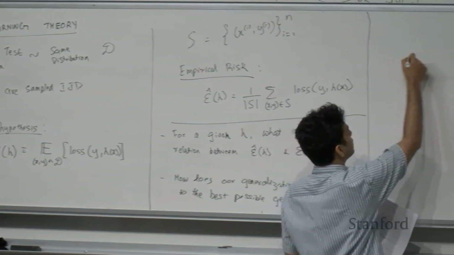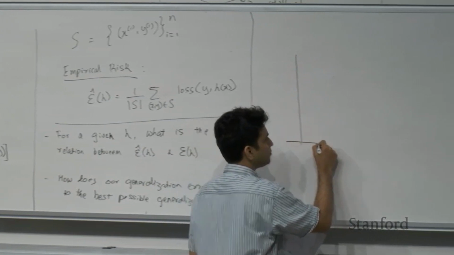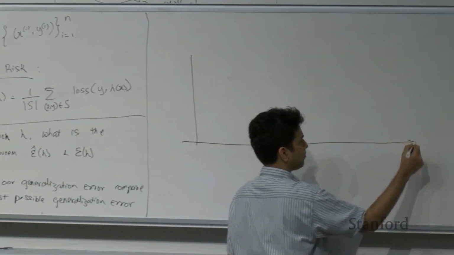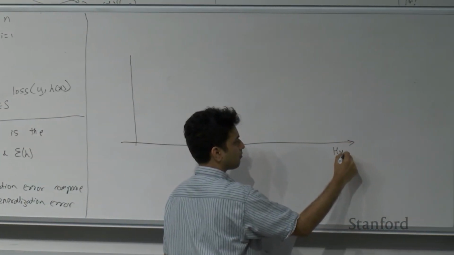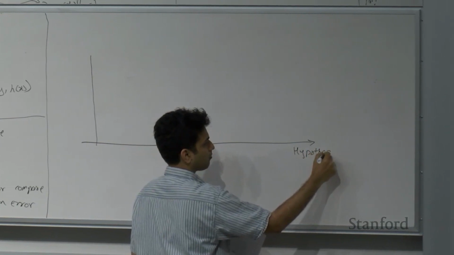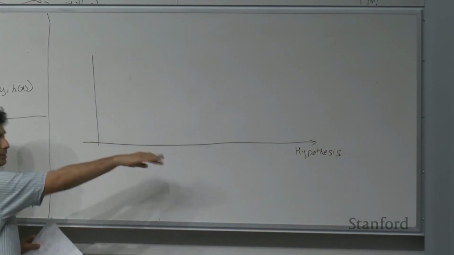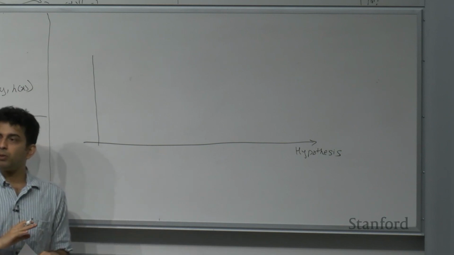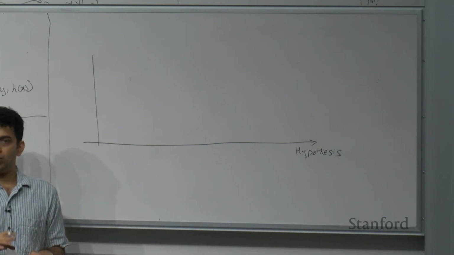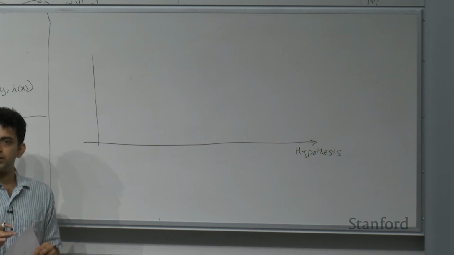So, in order to get a better understanding of each of these two, let's define some terminology. On the x-axis, we have the set of all possible hypotheses. What I mean by set of all possible hypotheses?